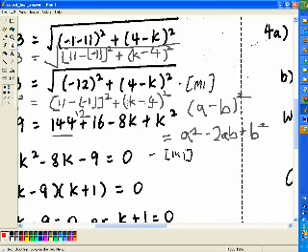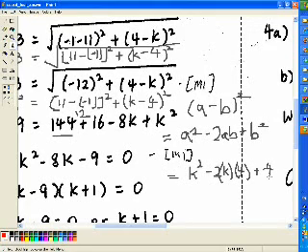So in this case it's k minus 4, therefore it will be equal to k squared minus 2 times k times 4 plus negative 4 squared.